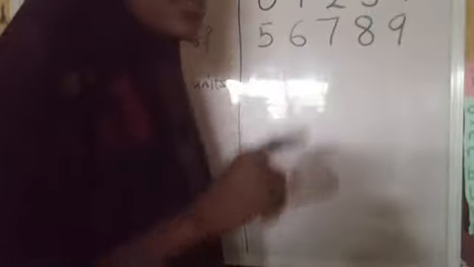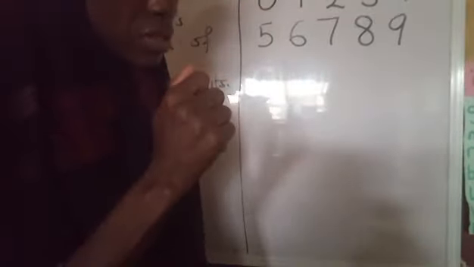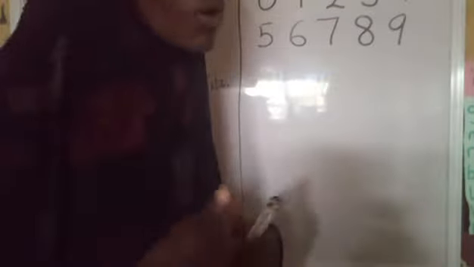Why? You have to start from 0 because 0 is also part of the digits that are used for forming numbers. And it plays a very vital role in number formation.